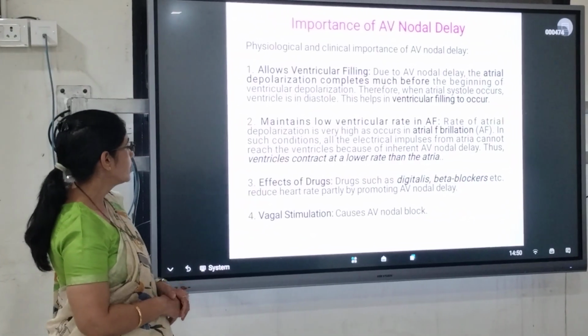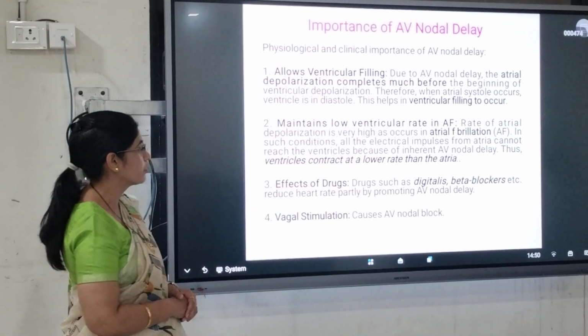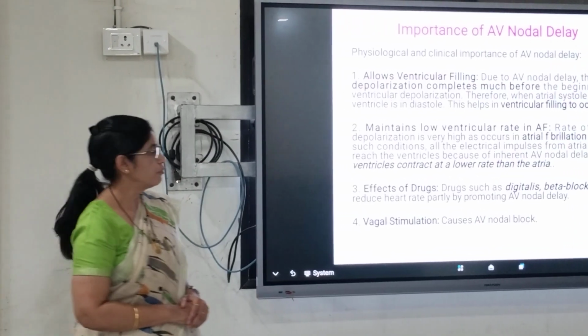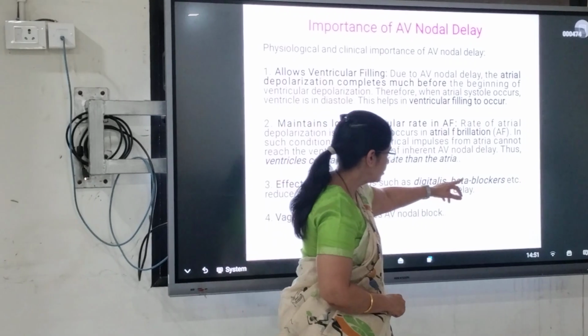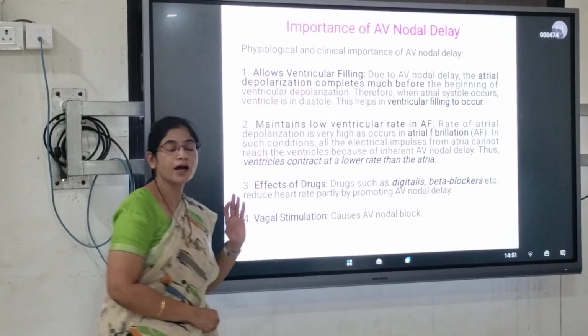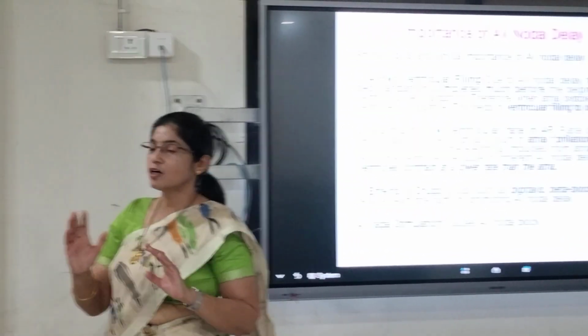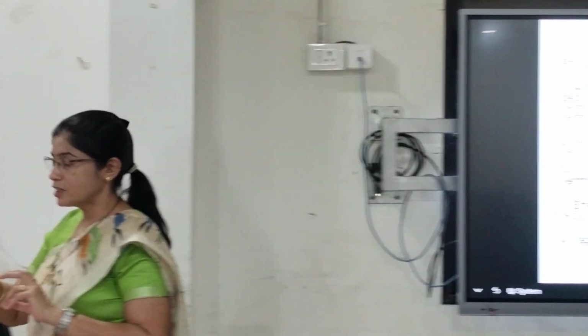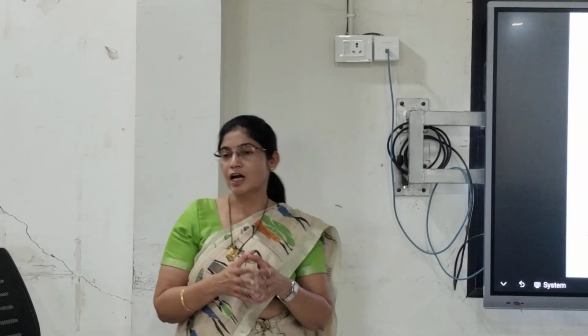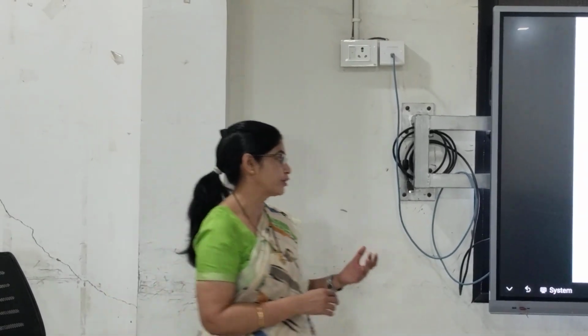Digitalis, beta blockers: they reduce the heart rate by promoting the AV nodal delay. Means these drugs act on the AV node and increase the time duration for the transmission of the impulse. So that will help again in more filling of the ventricles and more pumping of the heart.